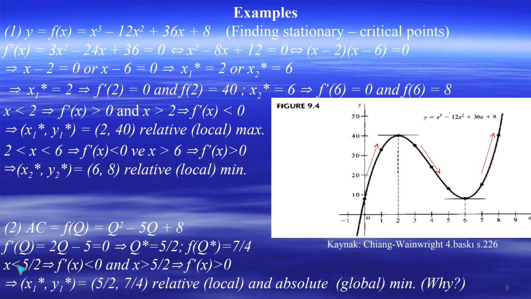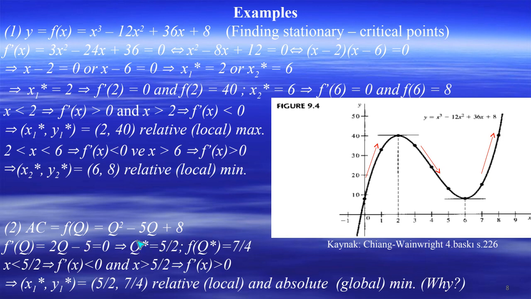Great. But it's not so important. So when Q is less than 5 over 2, 2Q minus 5, which is the first derivative of this function, is negative. If Q is greater than 5 over 2, 2Q minus 5 will be positive. So before Q star, which is 5 over 2, or 2.5, where Q is the quantity produced or sold, the first derivative is negative.